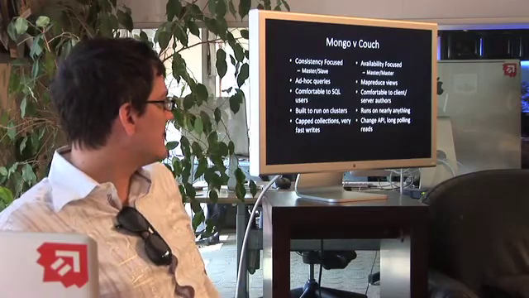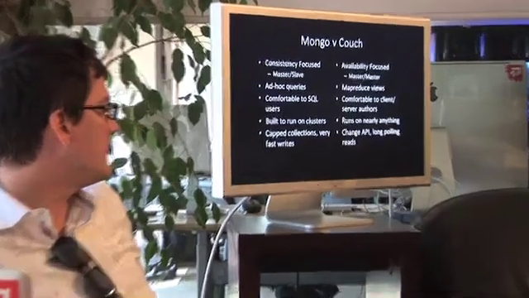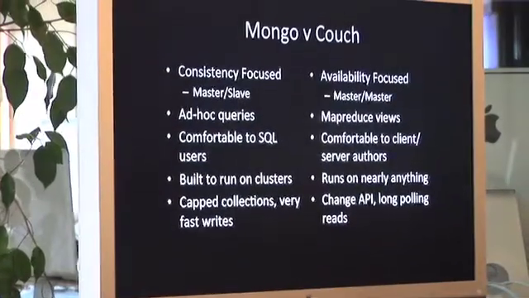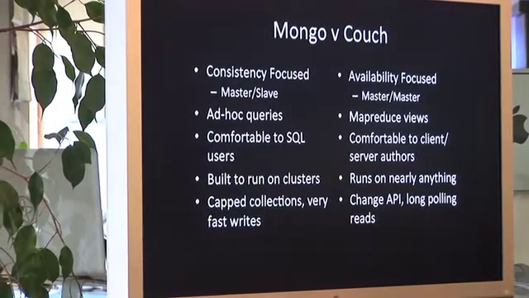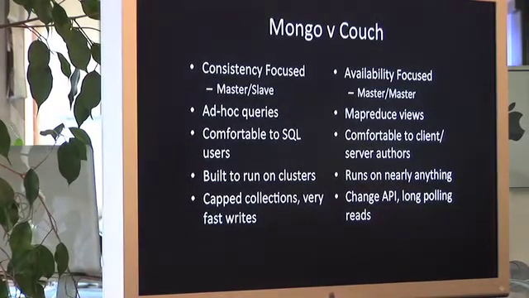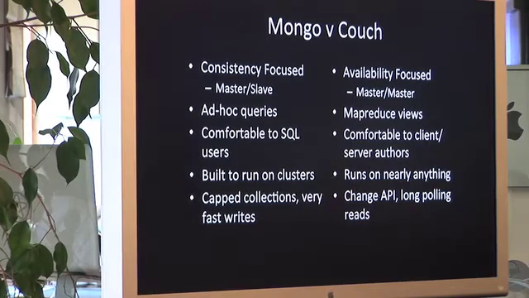Mongo versus Couch. I would say these are probably the big points that are different. Generally, what I say is, if you need super high durability and you need to embed services, use Couch.